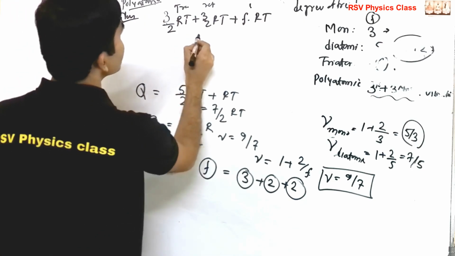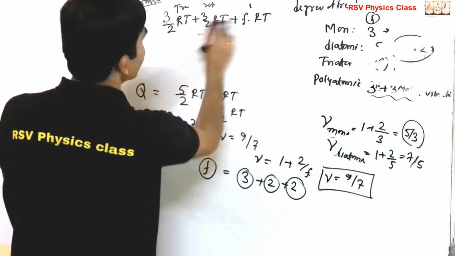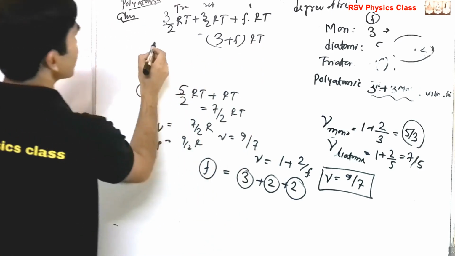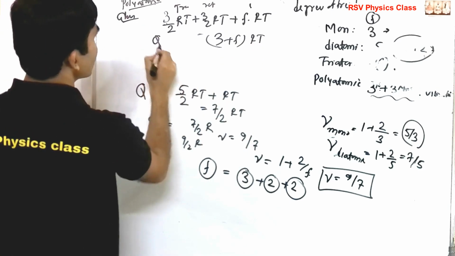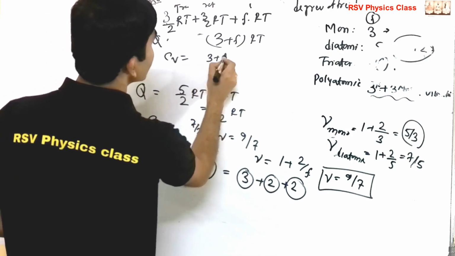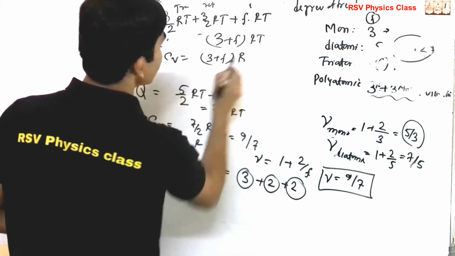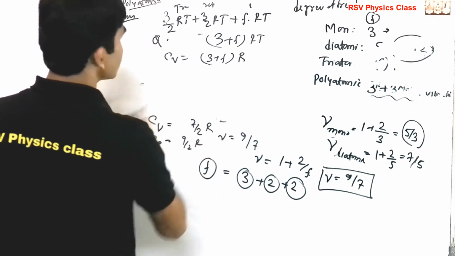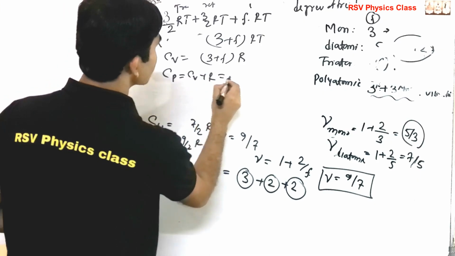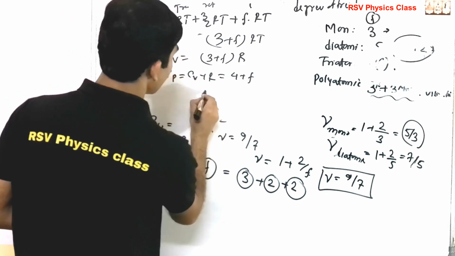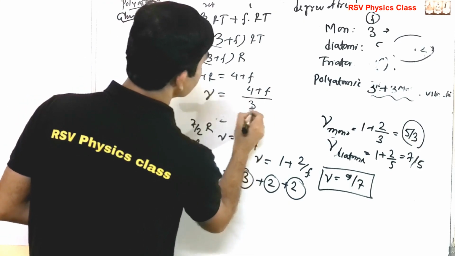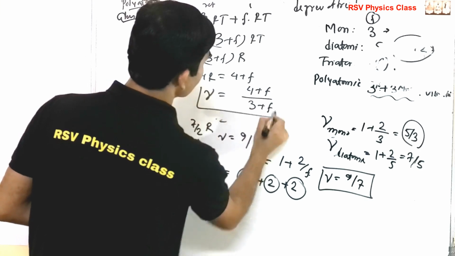So this is 3 plus 3 plus F into RT, and again this is Q. So Cv equal to 3 plus F into R, and Cp equal to Cv plus R. So this is 4 plus F. So here gamma equal to 4 plus F over 3 plus F for polyatomic molecules.